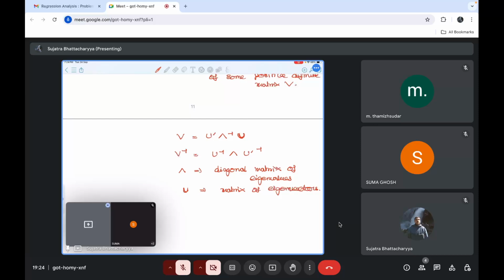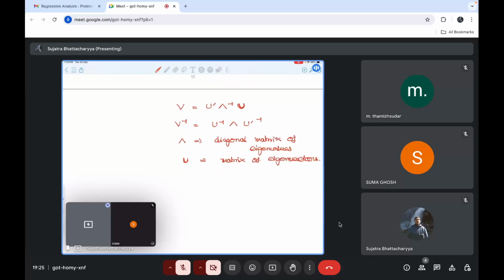Fine. So now what can we write about G? See, V inverse is equal to G prime G. Correct? Now this V inverse is also U inverse lambda U prime inverse. Suppose we say that G is equal to lambda to the power half and U prime inverse.